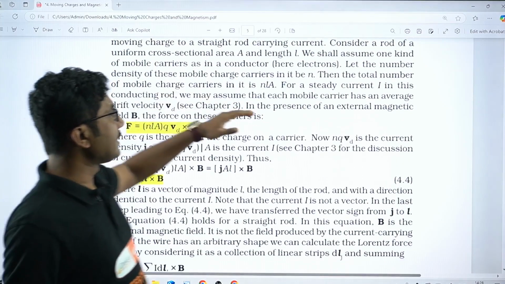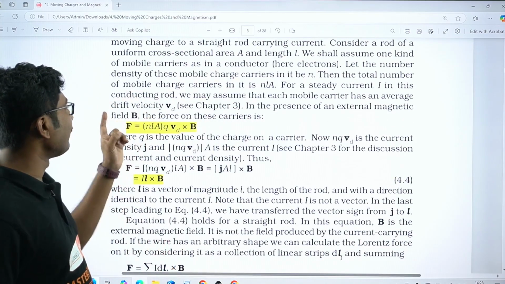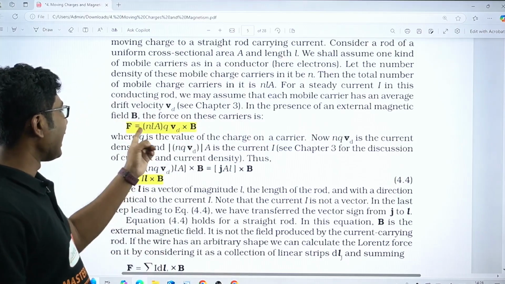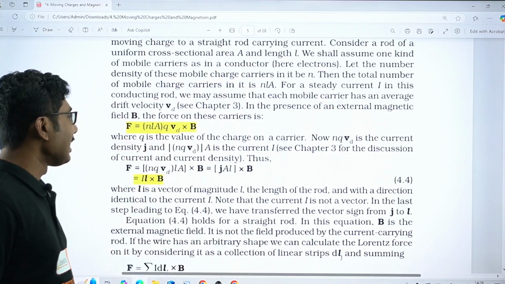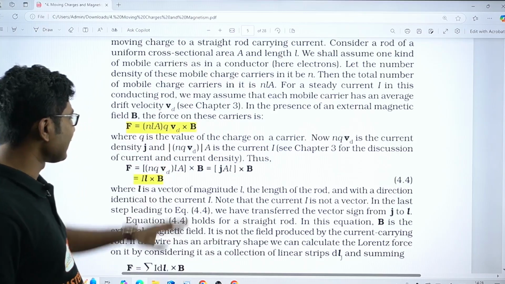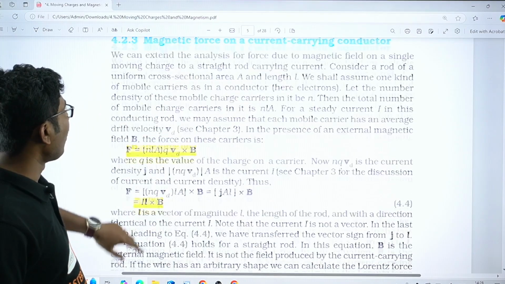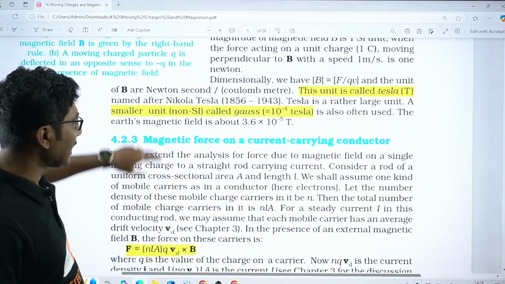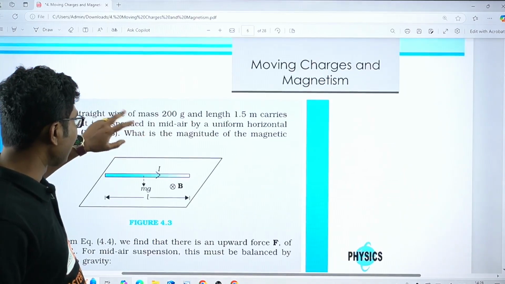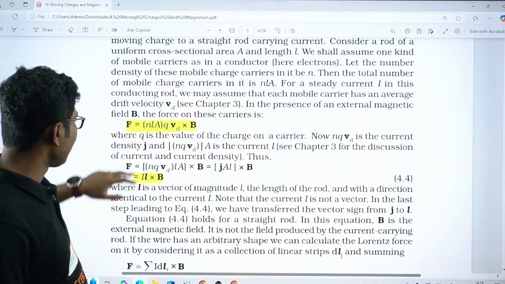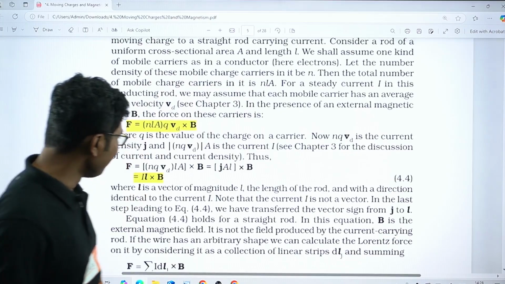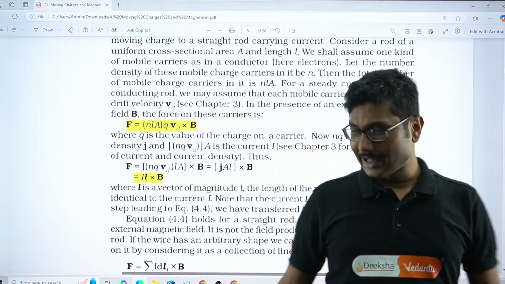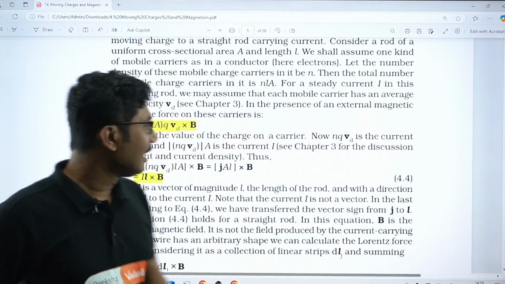Now, in the presence of an external magnetic field, the force on these carriers is N l A q v, that is q into v_d. These are just a mathematical treatment of the magnetic force on a current carrying conductor. So they have derived the formula: force is I l B or B I l, I like to remember it as Bill sin theta.